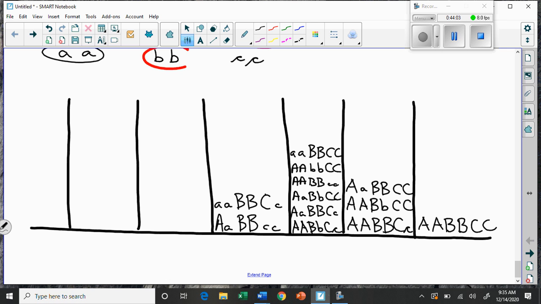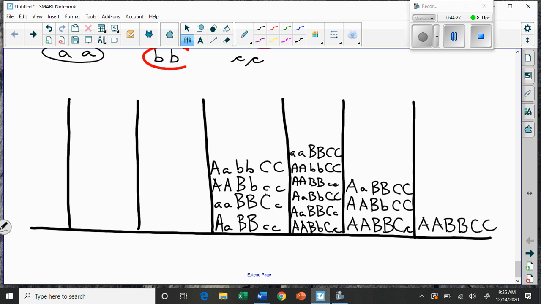Then, capital A, B, little b, and 2 little c's. There's 3 recessive alleles. Then we could get capital A and a small a, 2 little b's, 2 big C's.